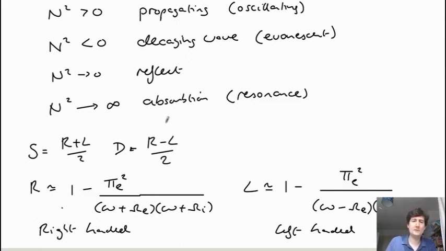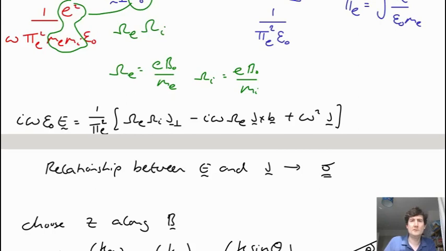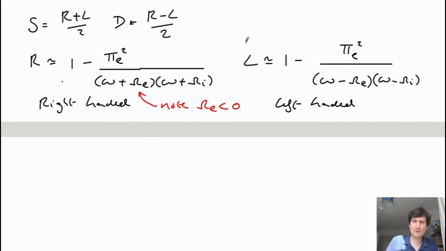Note here that this is negative, so omega E is less than 0. I think I may have missed out a sign up here. Oh yes, this has a minus sign in it, so here omega E is less than 0. And so the right-hand waves tend to resonate with the electrons, and the left-hand waves resonate with the ions.